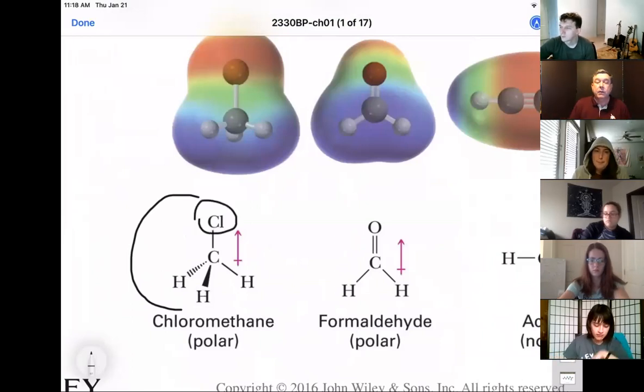Before we added that chlorine, carbon was the most electronegative atom and pulled electron density in from each of the hydrogens, okay? But now chlorine is the most electronegative atom, okay?